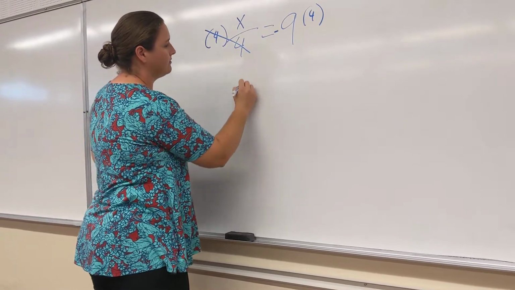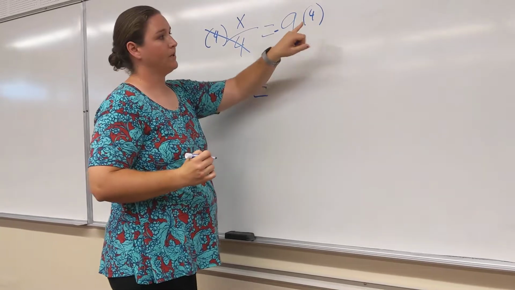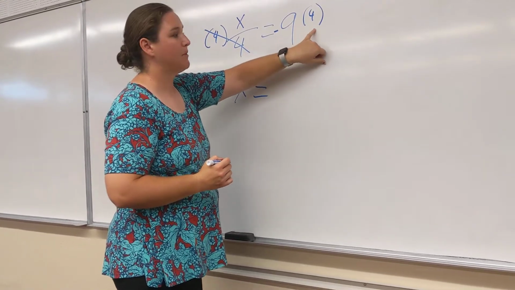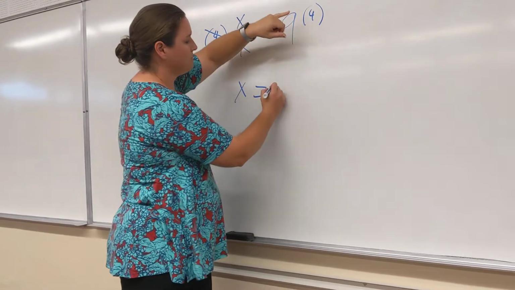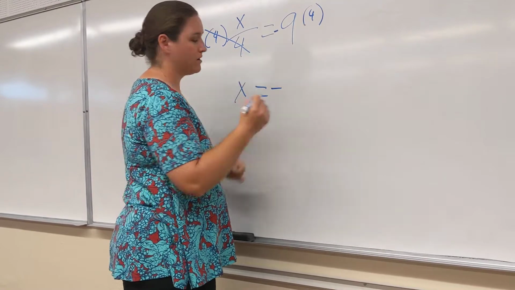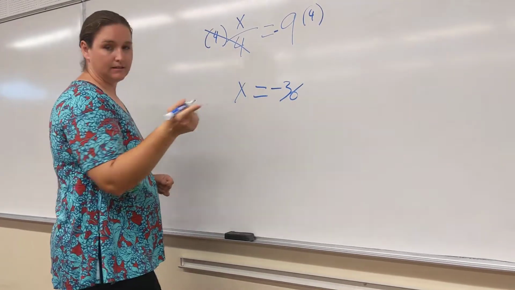These cancel out. Now, when you multiply a negative number times a positive number, then you know it is a negative number. What is 9 times 4? 36. Let's check it.